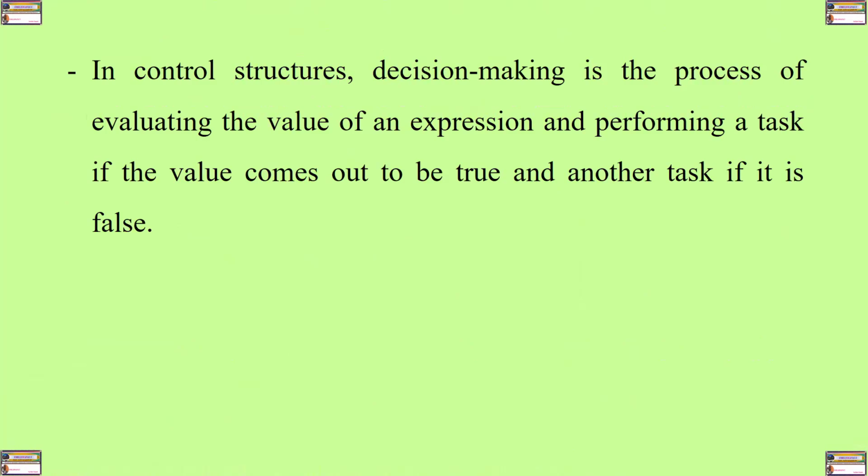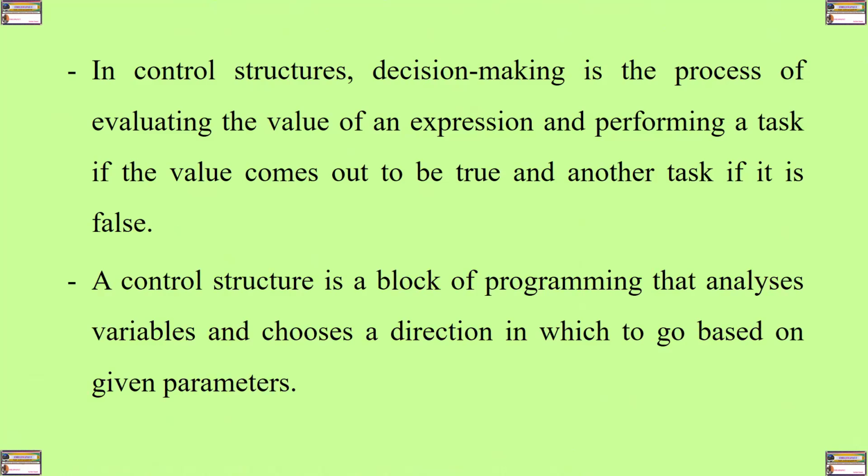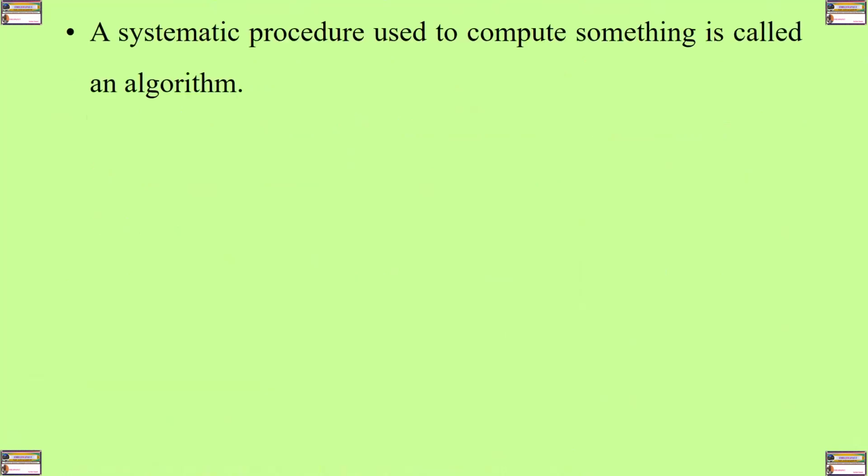In control structures, decision-making is the process of evaluating the value of an expression and performing a task if the value comes out to be true and another if it is false. Therefore, a control structure can also be said to be a block of programming that analyzes variables and chooses a direction in which to go based on given parameters.